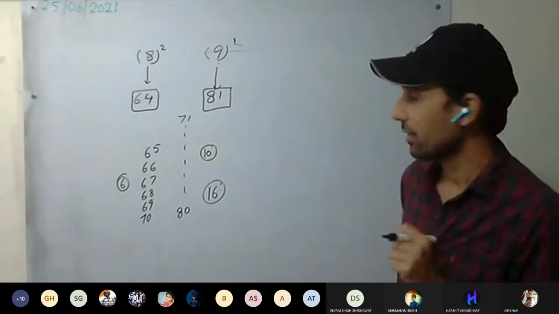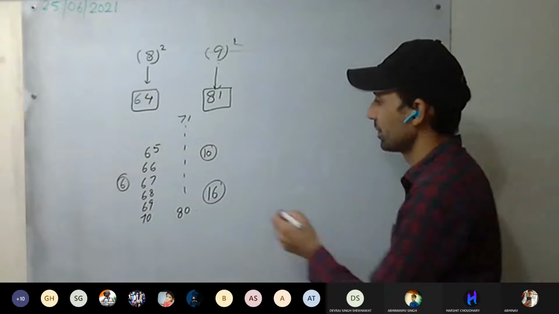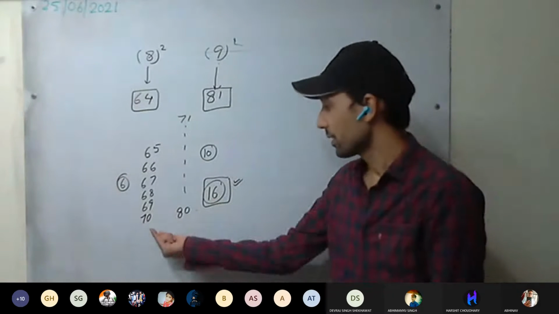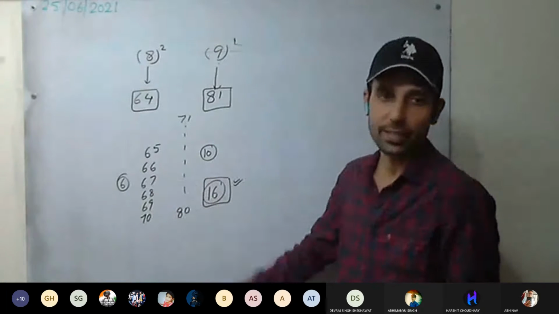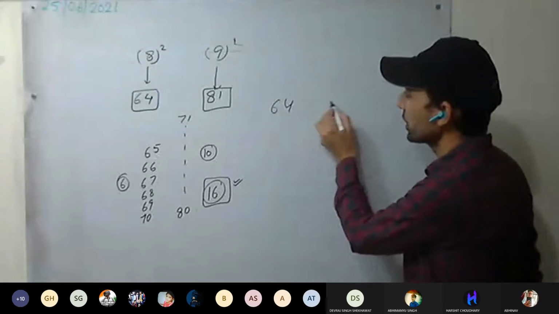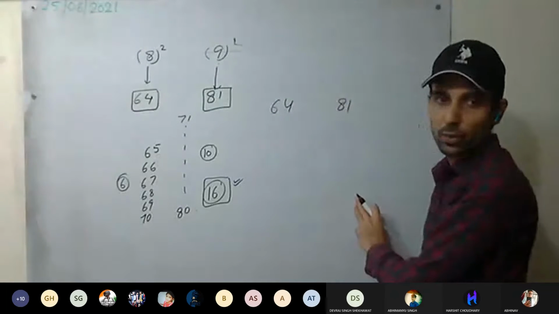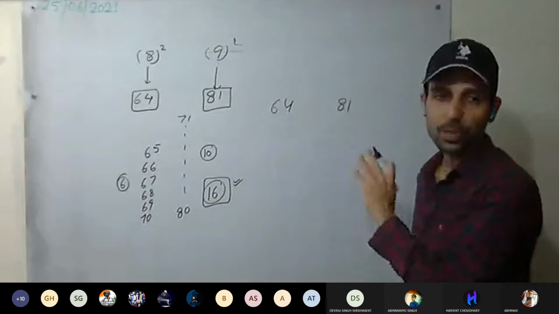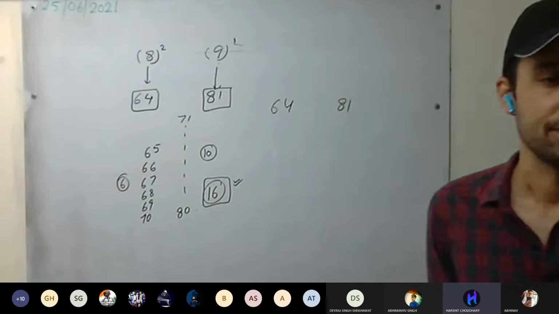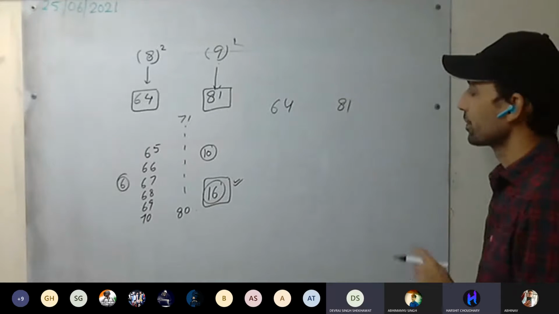Other way, can anyone tell? This is the best way we can get, but there's one more way as well. See here, we have to find numbers between 64 and 81. From what we have to subtract what? Sir, from 81 we have to subtract 64.